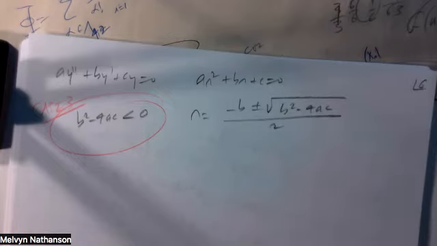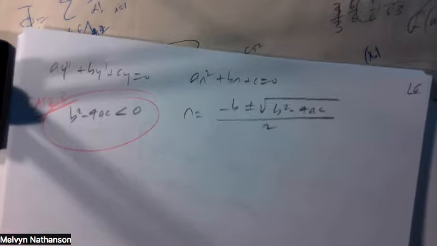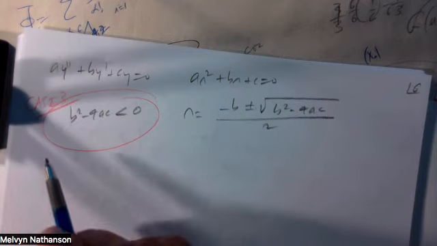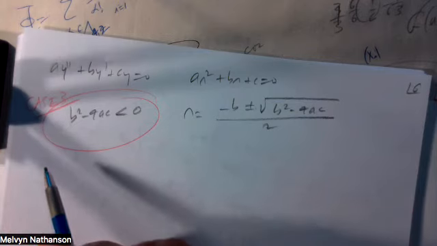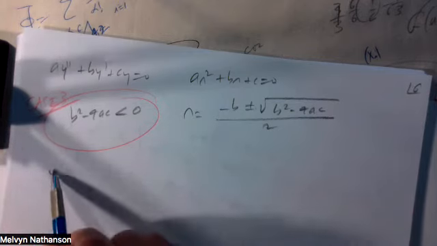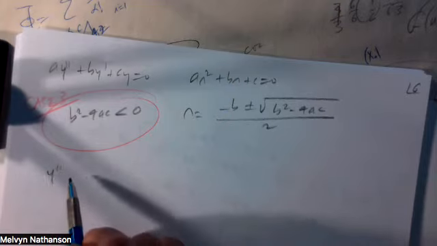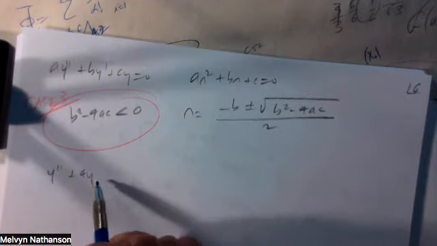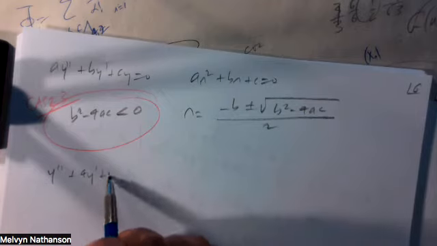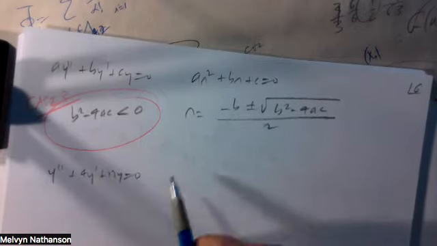What do you do? Well, let's start again with an example. A nice example, which is 5.2.3 in the text, is y double prime plus 4y prime plus 13y equals 0.